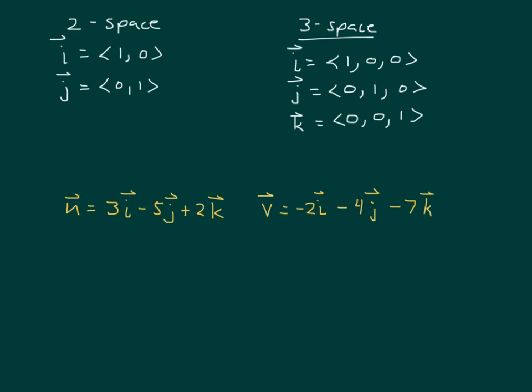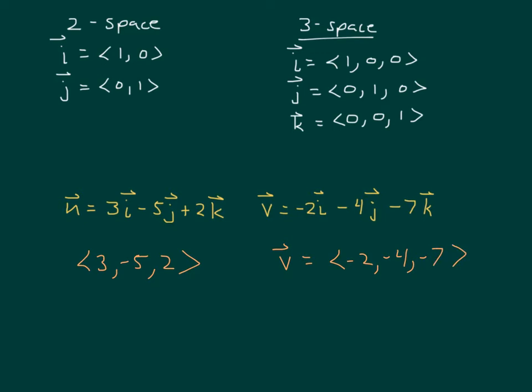And so what you're going to see is they will define vectors in terms of i, j, and k. In this case, I have the vector u, which is 3i minus 5j plus 2k. If you want, you can translate that into the other notation that we've been using, and you can think of that as (3, -5, 2). v is the vector -2i minus 4j minus 7k, and so vector v is equal to the vector (-2, -4, -7).